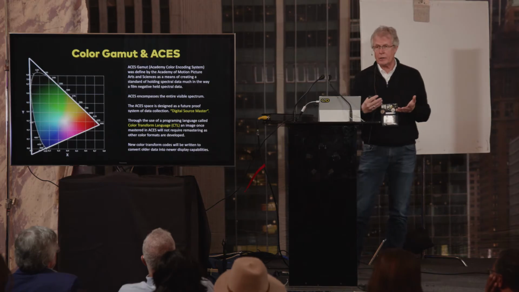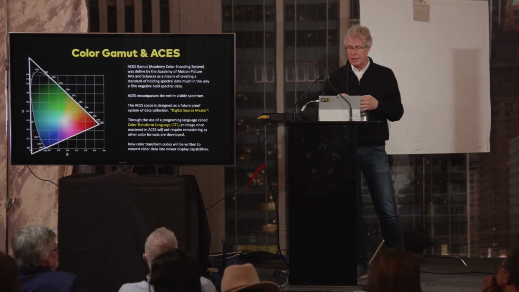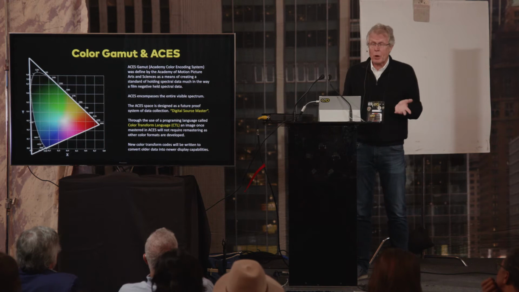The theory here is that once you've outputted your movie and you've timed it and everything else, you can store all that information within ACES, and 20 years from now, a technology comes along that is different from what we're doing now.